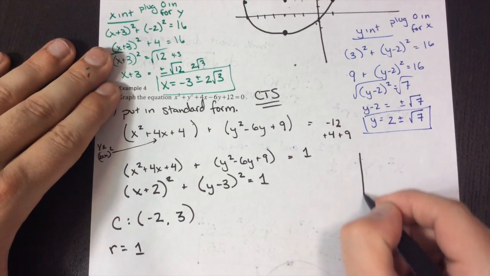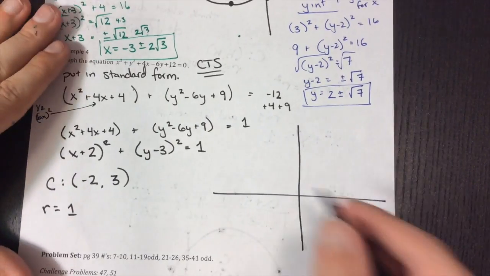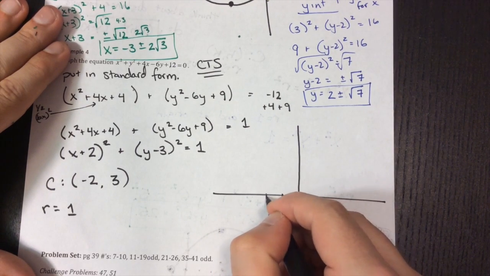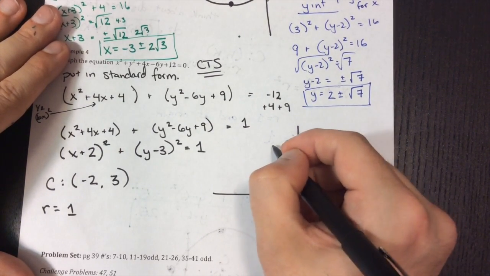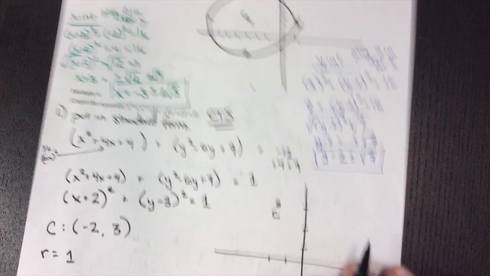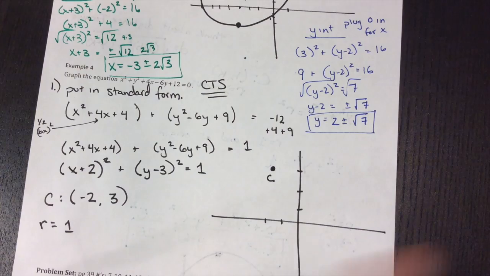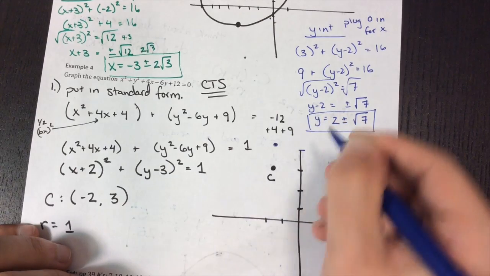So based off of all of that scary algebra, I'm going to go -2, 1, 2, 3. Put my center right there, label it. And then I'm going to do a different color since some of my algebra is in the way. I'm going to do blue. I'm going to go up 1. I'm going to go left 1.